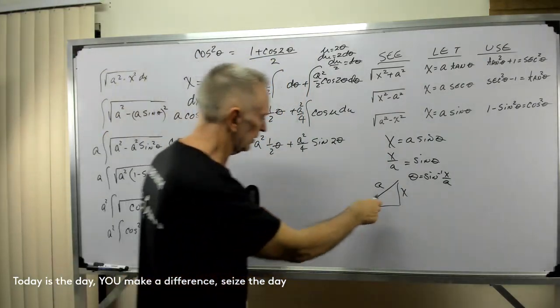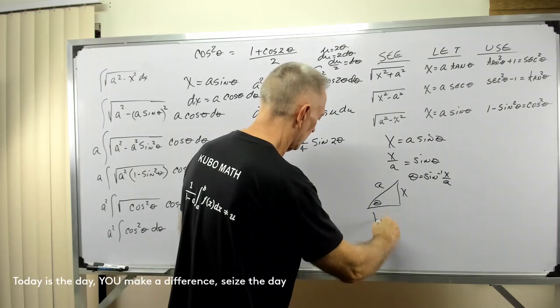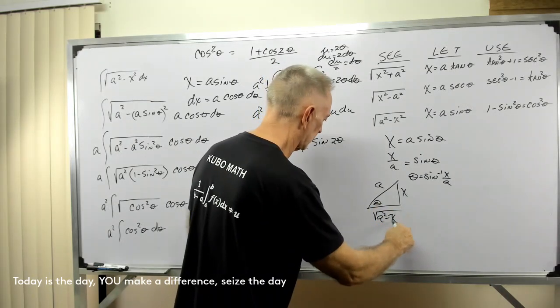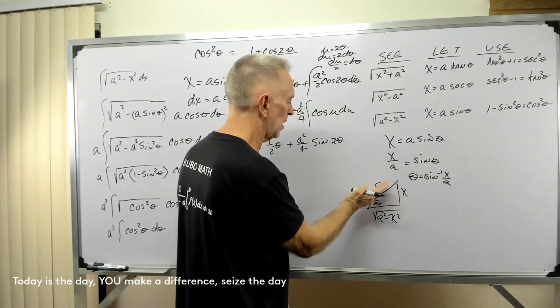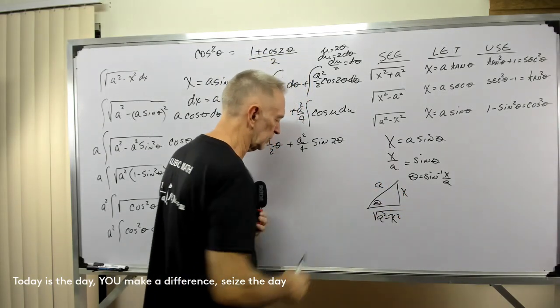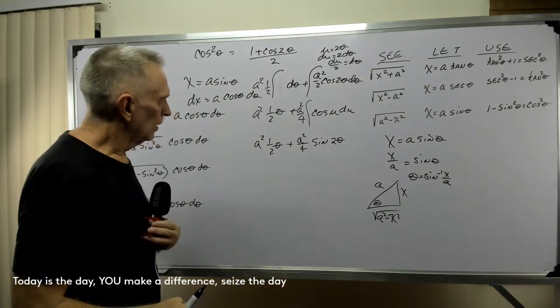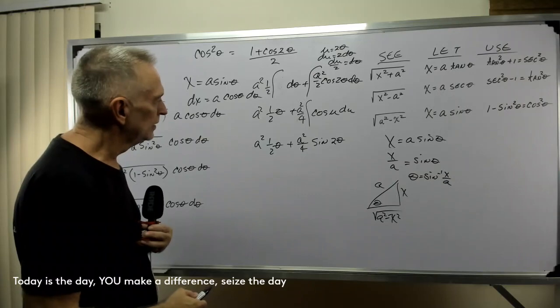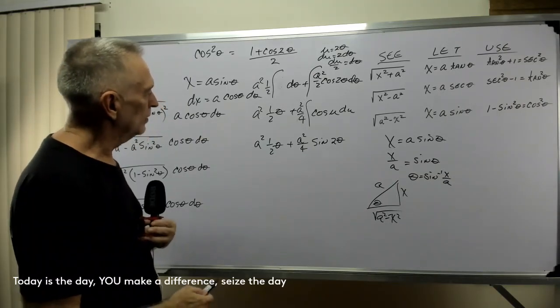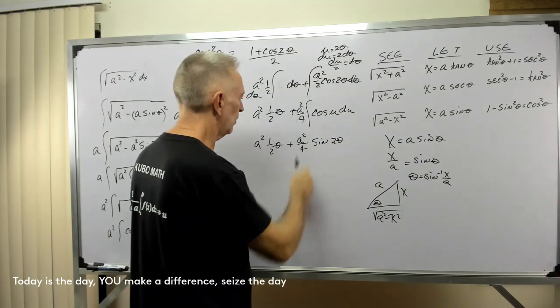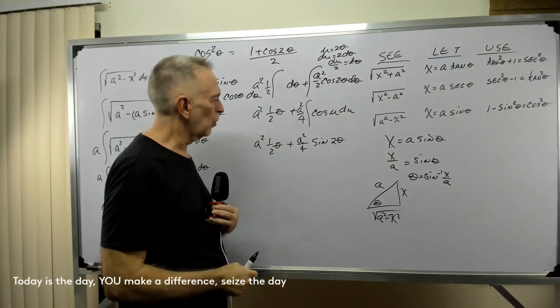While we're here, this side would be the square root of a squared minus x squared. So the hypotenuse squared minus this other side squared gives me this side. Well, we've got another challenge here. What are we going to do with the sine of twice an angle?